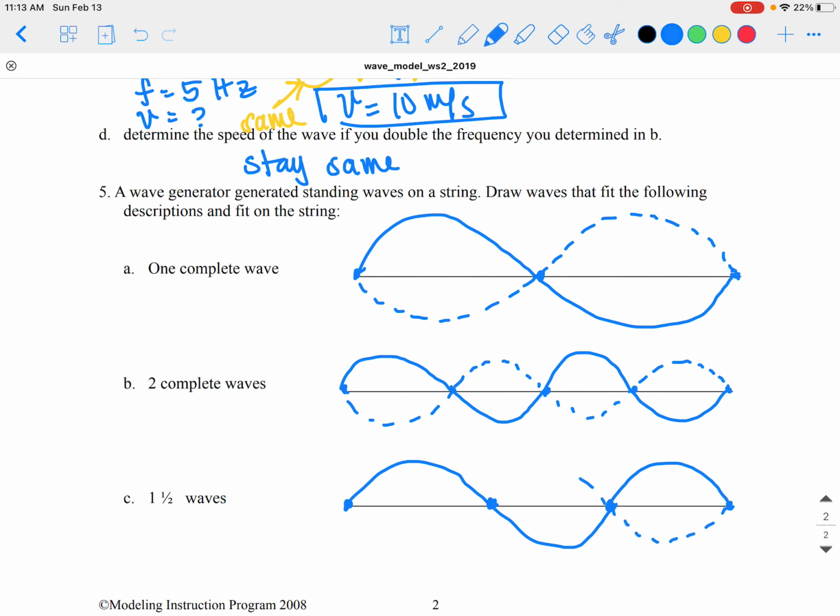So I connect that with my reflected wave, and this is what we call a standing wave. So just to be clear, this right here is 1 wave, and then this is just 1/2 of a wave, 1/2 of a wavelength rather.